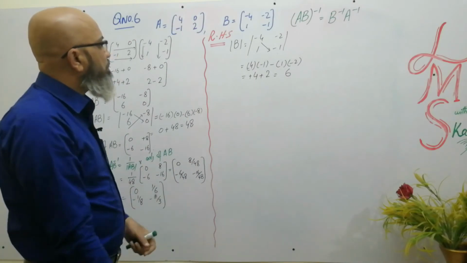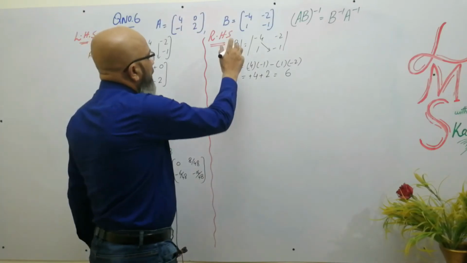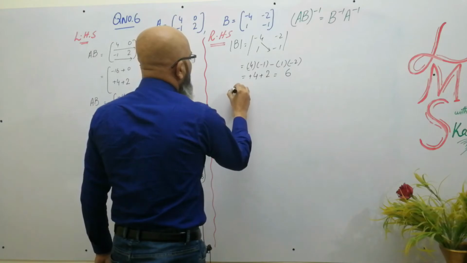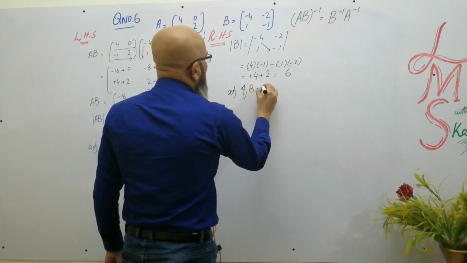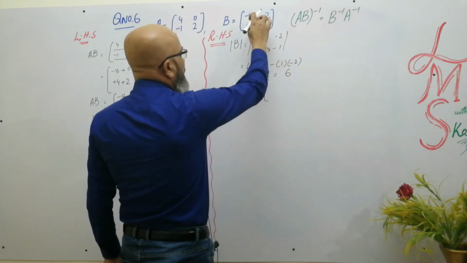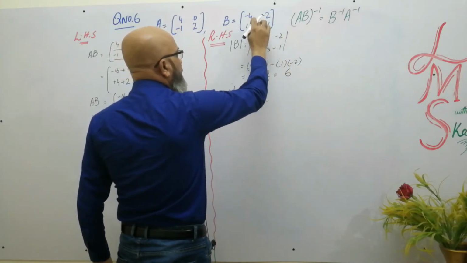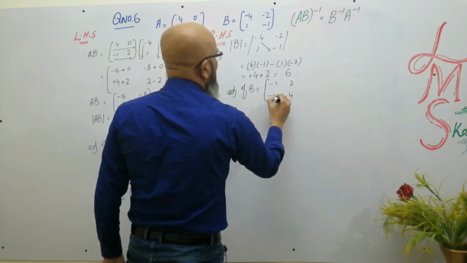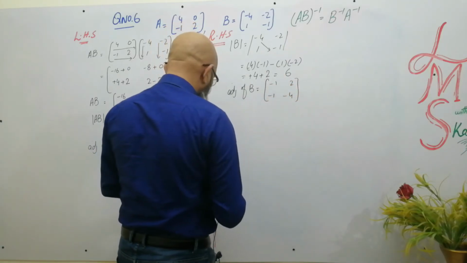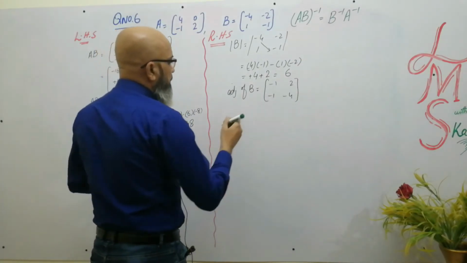So what is the next step of B? Adjoint of B. And you know now what we do in adjoint. We change the places of these elements. Minus 1, minus 4. Change the sign of these two elements. Now what is B inverse?